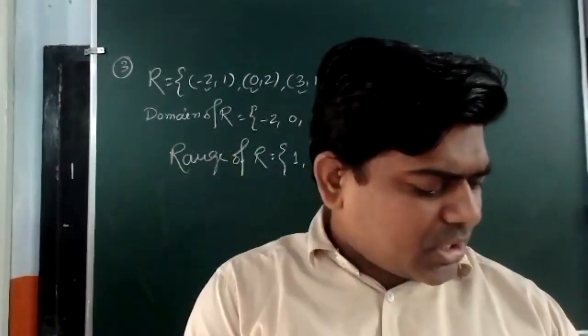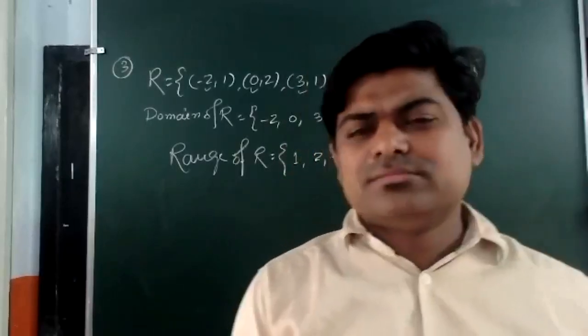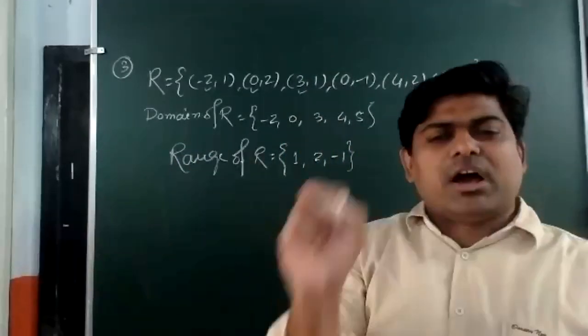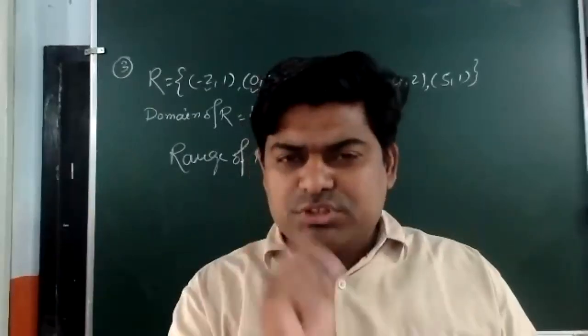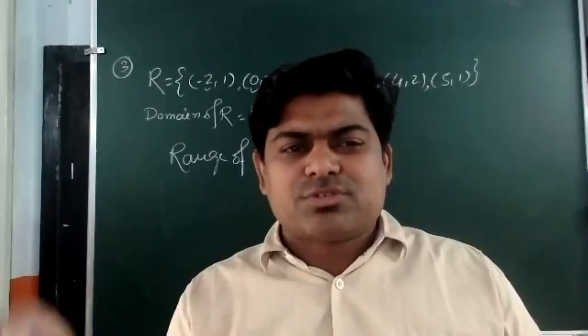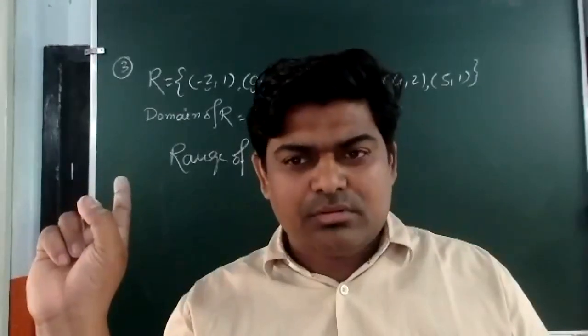Now you can see after question number 3, 4 is there, and I don't think 4 has to be solved here, because when I discussed the relation with the help of one example, I took two sets A and B, and then I took R is equal to {(x, y) such that x is less than y}. Was it written or not?